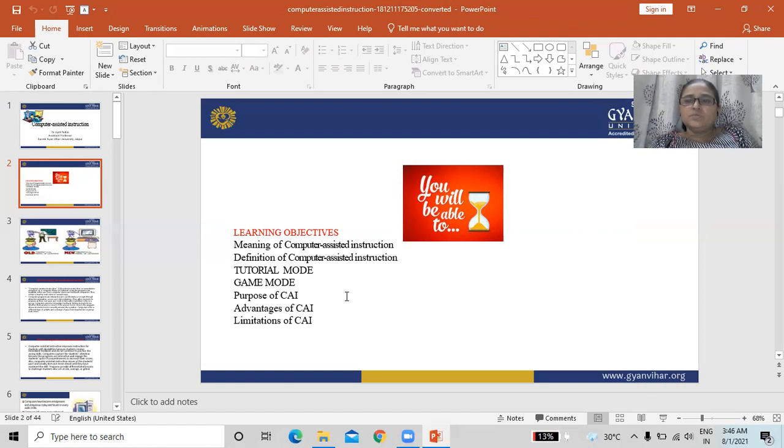A student will be able to analyze the importance of computer assisted instruction. A student will be able to understand the purpose of CAI, advantage of CAI. A student will be able to understand the limitation of CAI.